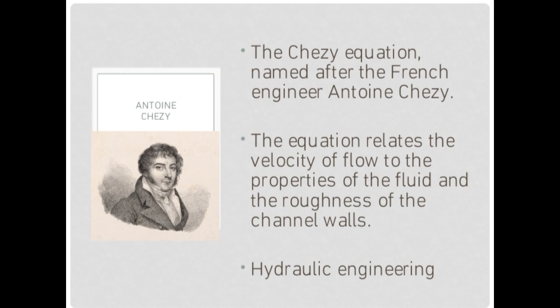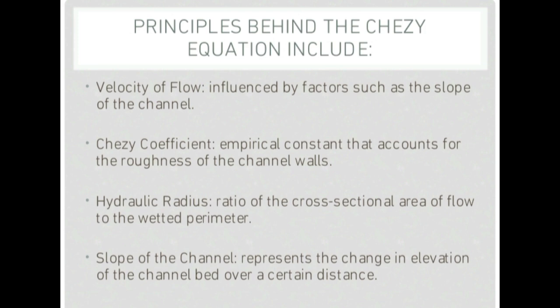Now, principles behind the Chezy equation include velocity of flow. The velocity of flow, or V, is influenced by factors such as the slope of the channel and the hydraulic radius that relate to the shape of the channel. The roughness of the channel walls, higher slopes, and larger hydraulic radius generally result in higher flow velocities.